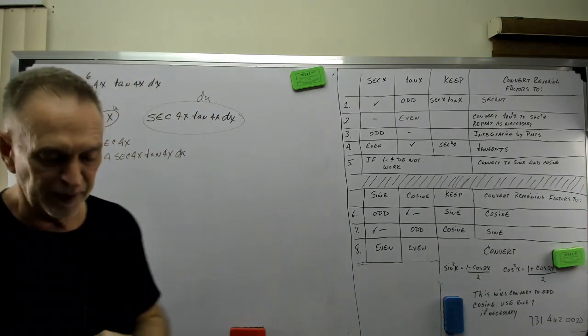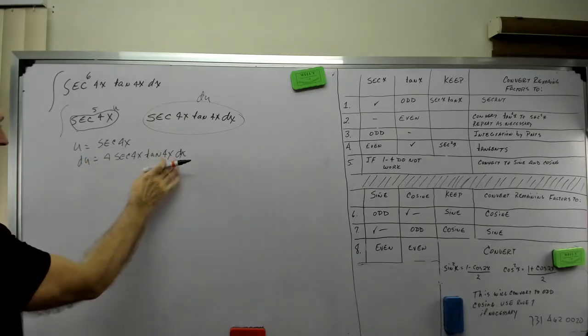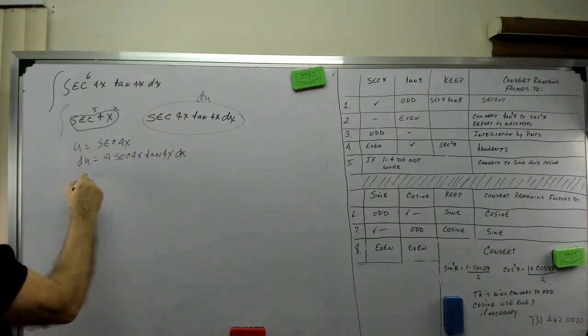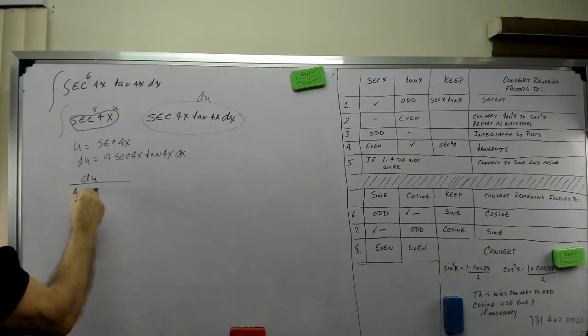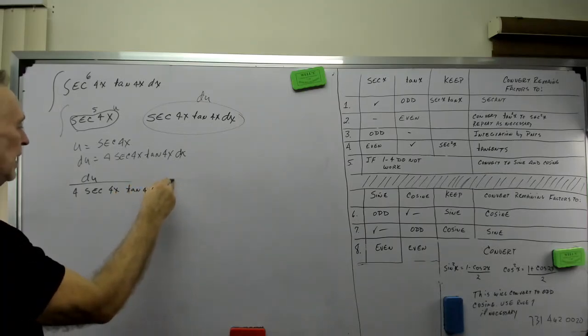Now we're solving for dx. So I have du divided by 4 secant 4x tangent 4x, and that equals dx.